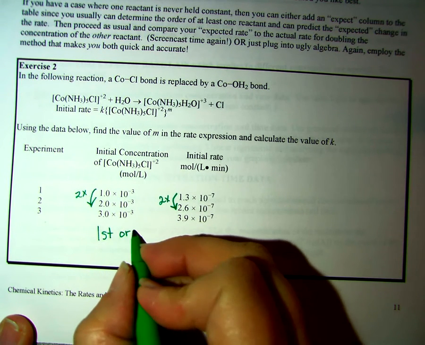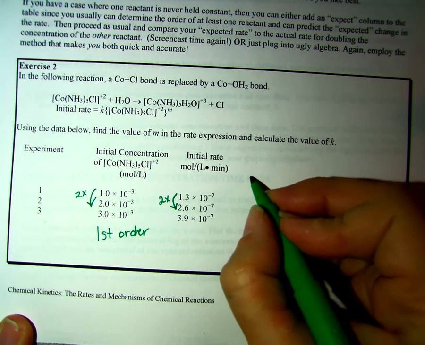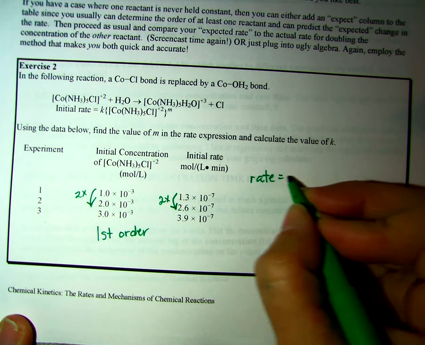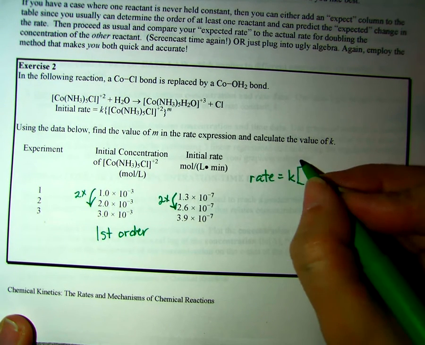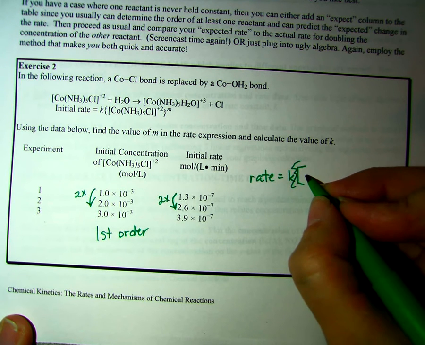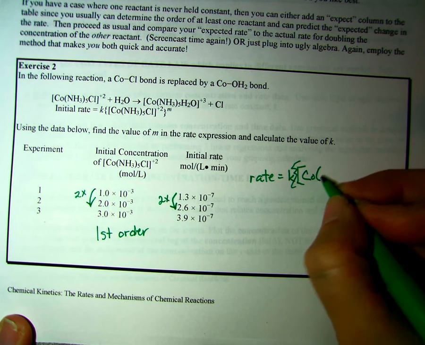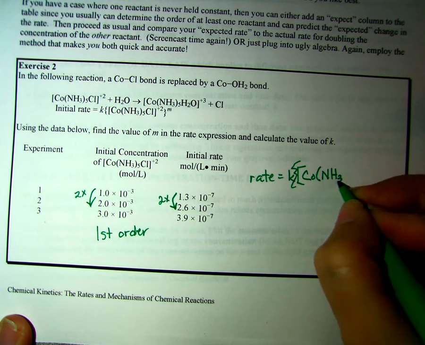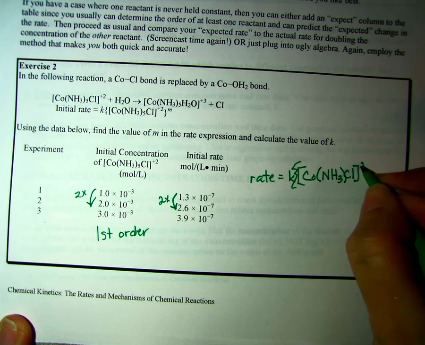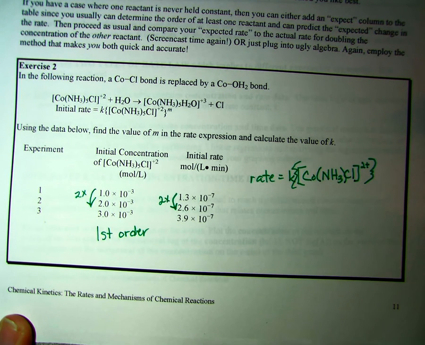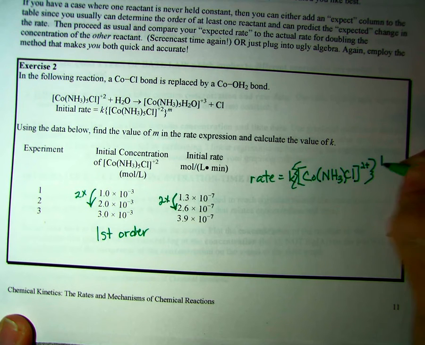All right, so if we do our rate equals K times our concentration of this, and it actually should be in other brackets too, Co, because this is an ion, NH3 Cl plus 2, and then the curly bracket, raised to the first power. So the concentration of all that.